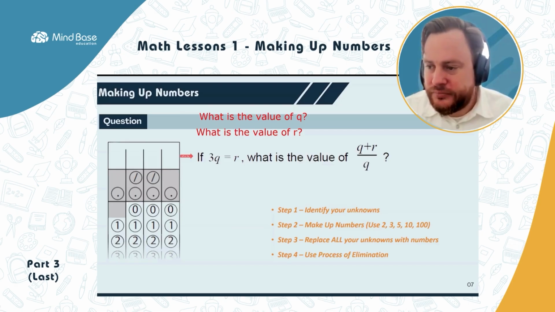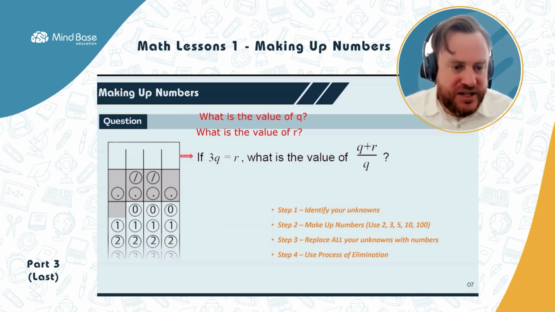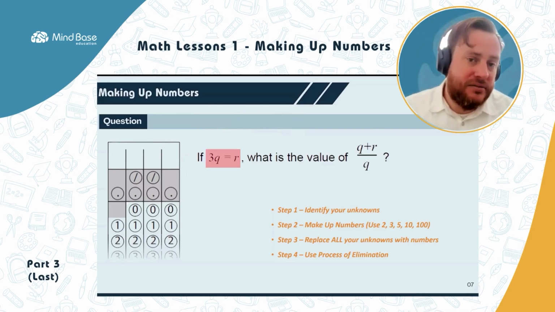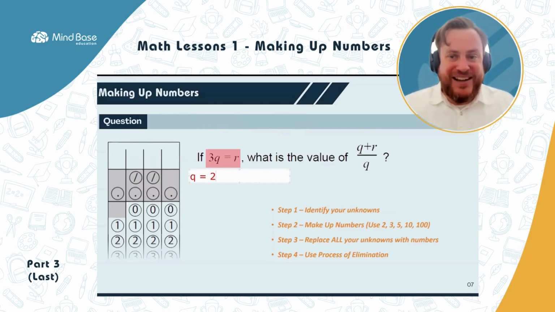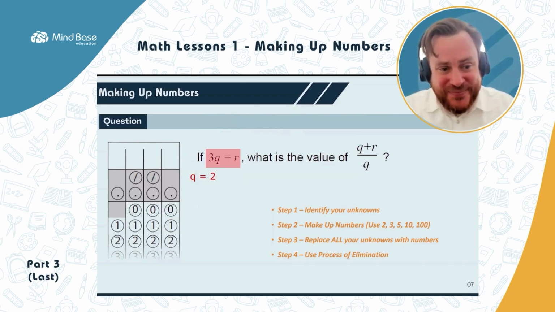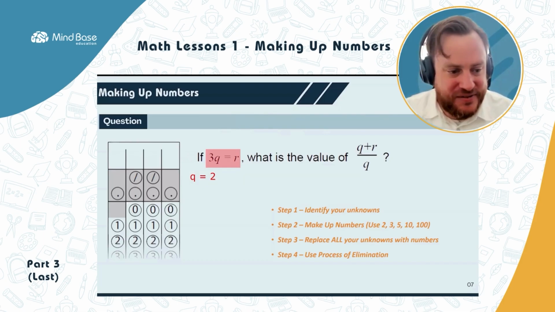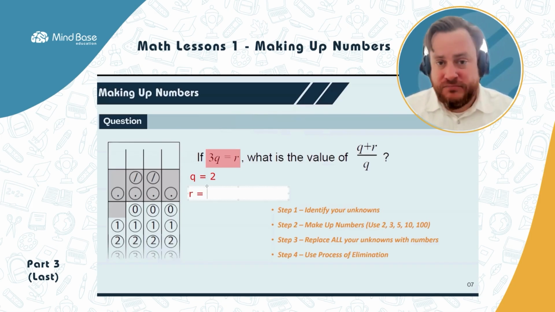Now, we know this, 3q equals r. So let's make up a number. Let's say q is 2. Where did I get 2 from? I made it up. If q is 2, what's the value of r? 6, right? 3 times 2 is 6.